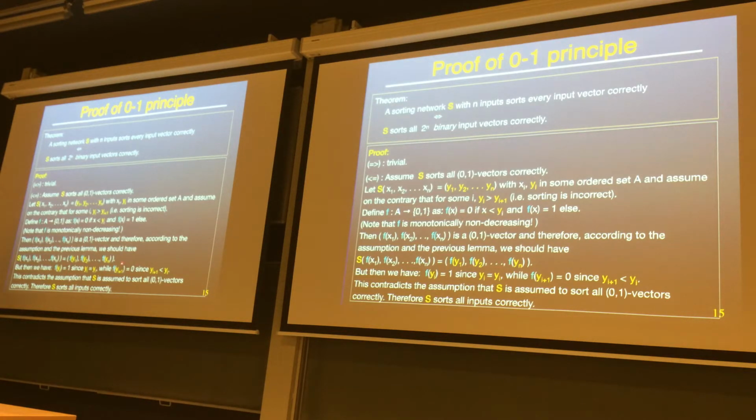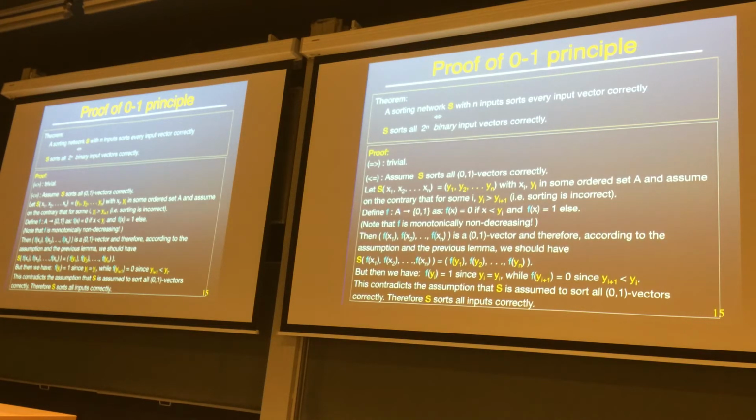But f(yi+1) is 0 because yi+1 is less than yi. There was a mistake. That means that in this sorted vector, we have a 1 appearing before a 0.